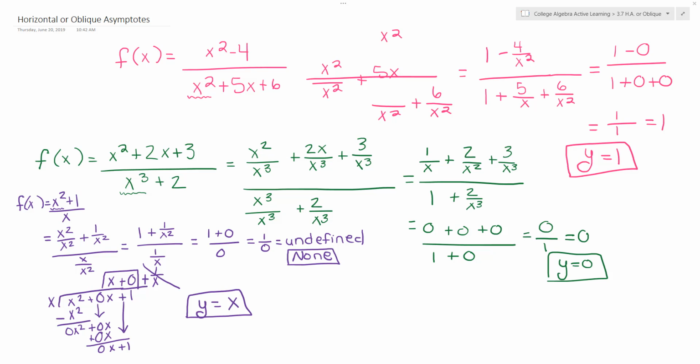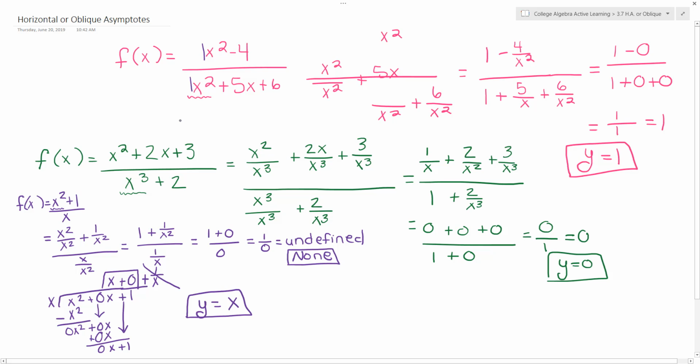So in the first example, notice that the powers were the same. In that case, if you think about the coefficient on those leading terms, so I'm just going to go here and write it in. The leading coefficient's 1 and the leading coefficient's 1.